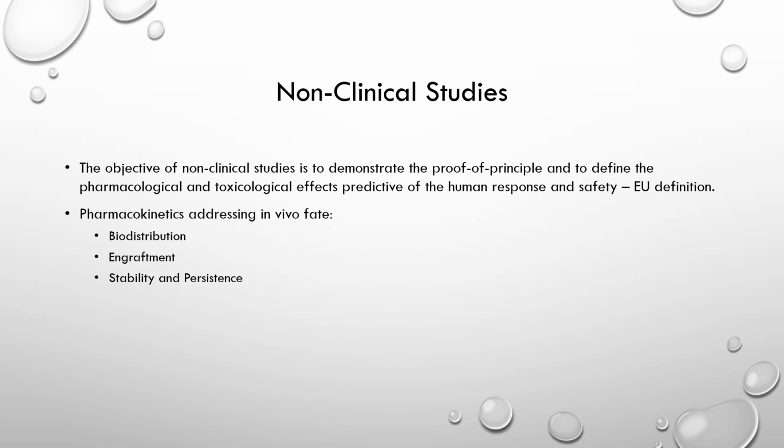If it's being given as a cure, we want to have some handle or some understanding of the persistence. So your pharmacological studies will include your pharmacokinetics and your pharmacodynamics, as well as toxicology information, as well as information on your route of administration.